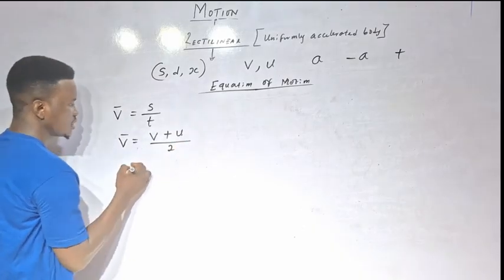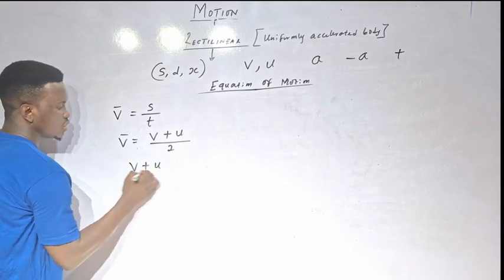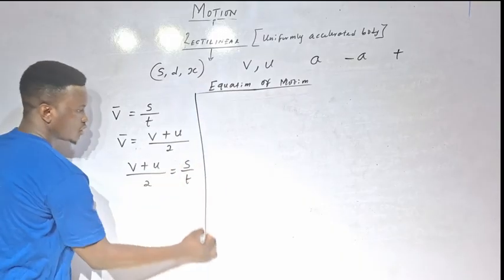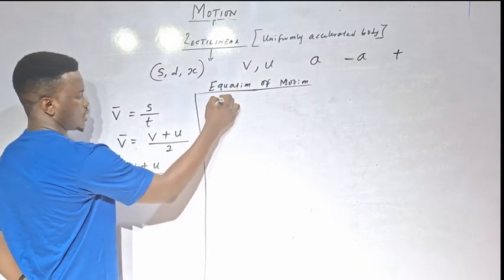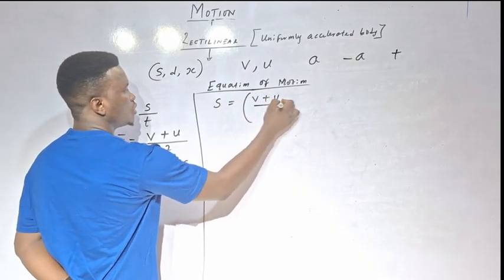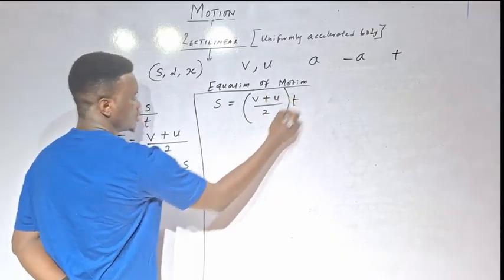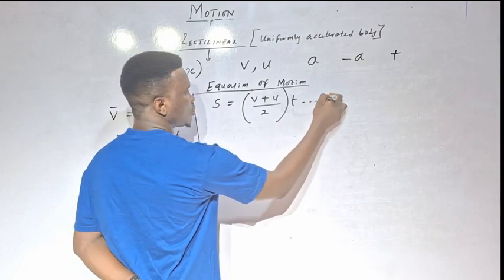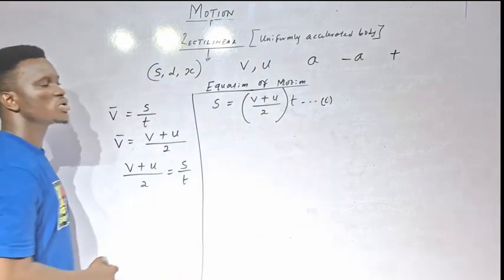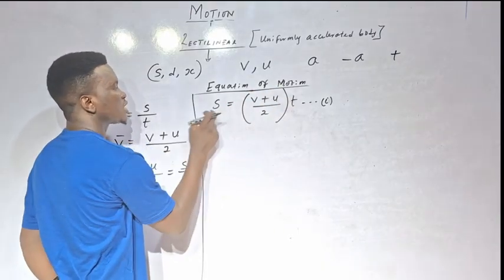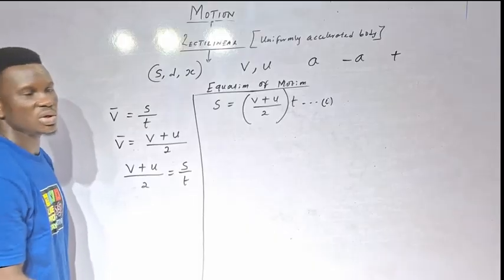I can say that (V + U)/2 = S/T. Therefore, S = ((V + U)/2) × T, if T comes to this side. So this one, let's call it equation 1. That's one of the equations we will need. When you have final velocity, initial velocity, time, and they say calculate distance, you don't have acceleration, you can use this formula.